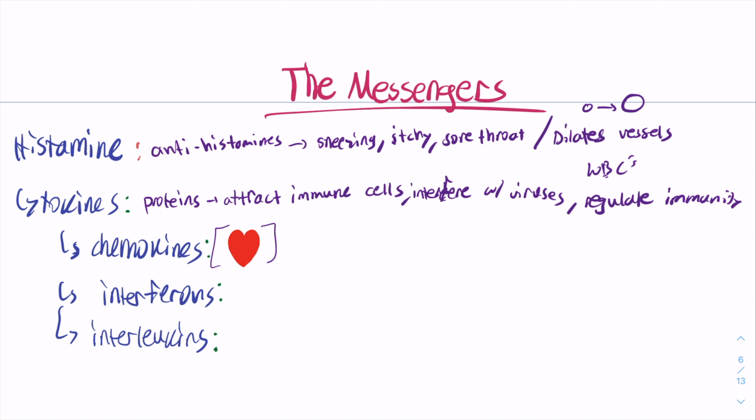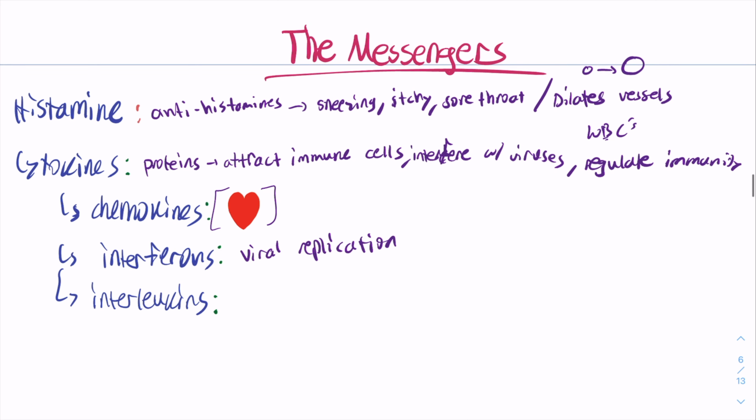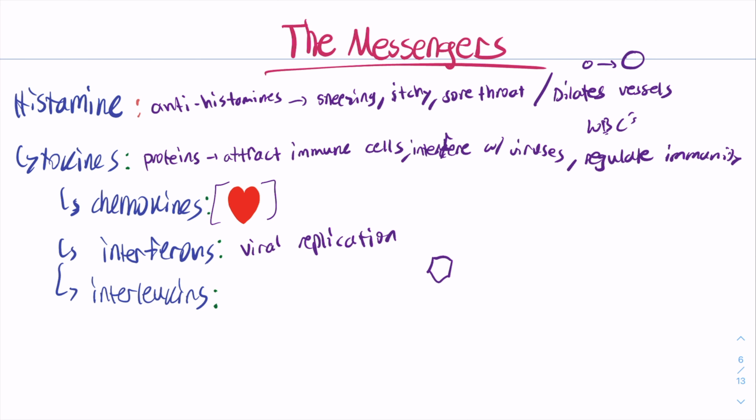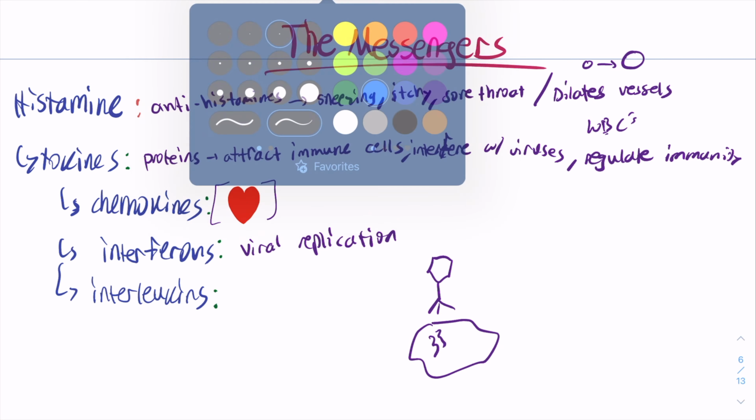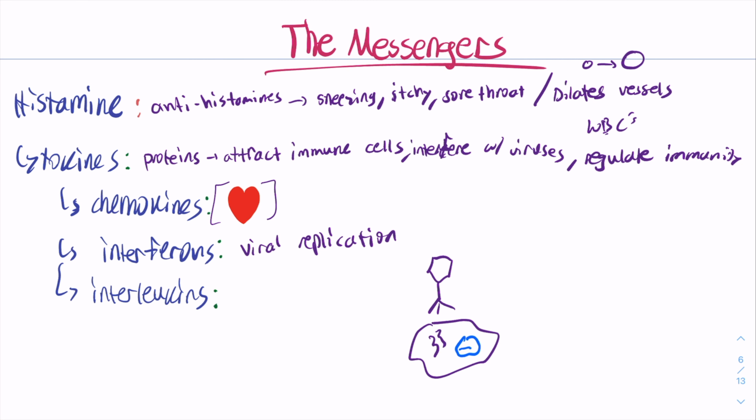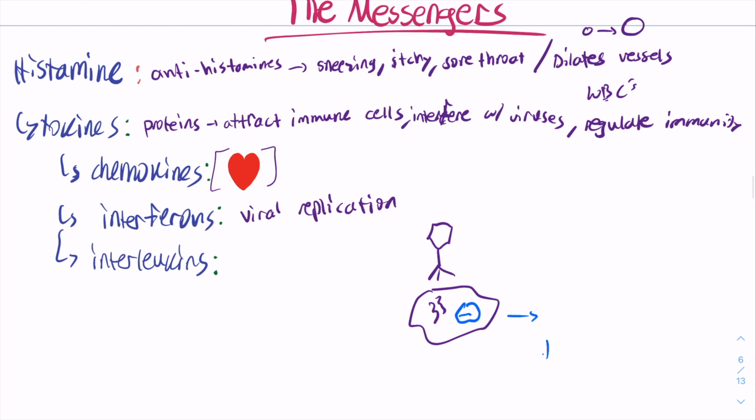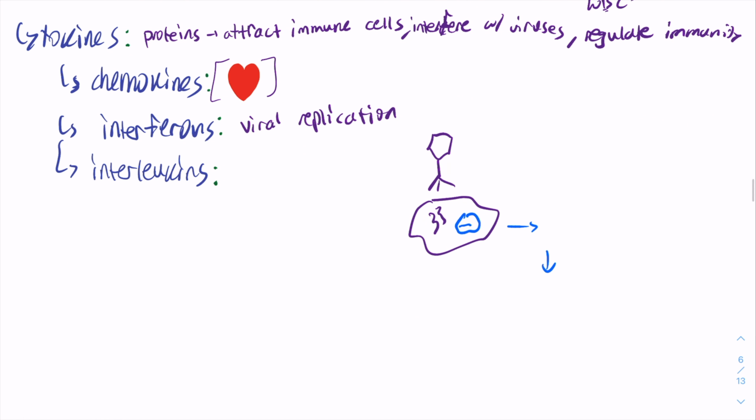Then we have interferons, and interferons interfere with viral replication. Viral replication is interesting because viruses, I'm going to do this quickly, will attach to a cell, and they'll inject their genetic material into the cell. This is the cell's nucleus. And then through a series of processes, that nucleus will start to create more viruses.